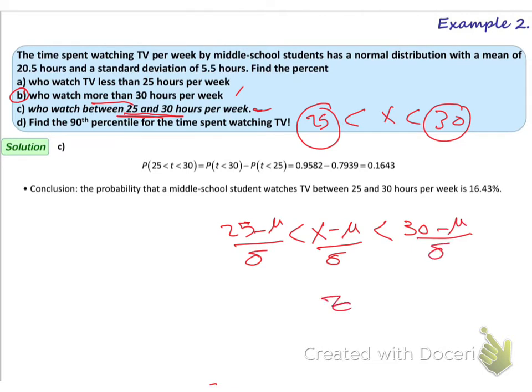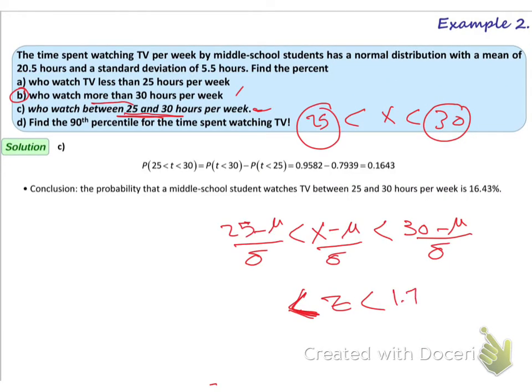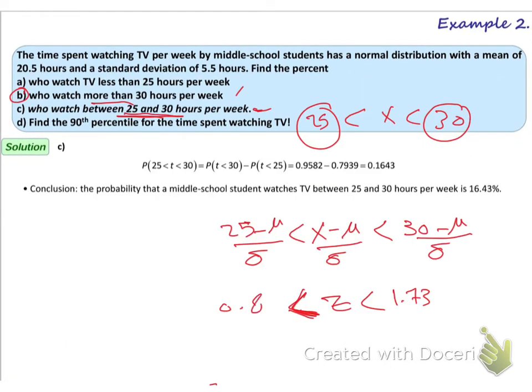So it will be Z less than 1.73, since I have already calculated 30 minus mu divided by sigma in the previous slide, and here it was 0.82. So I can go to the normal distribution table.